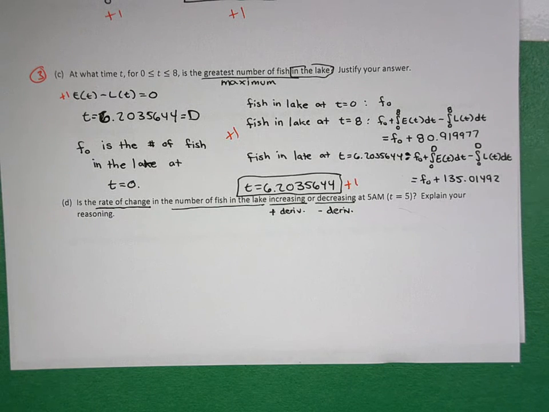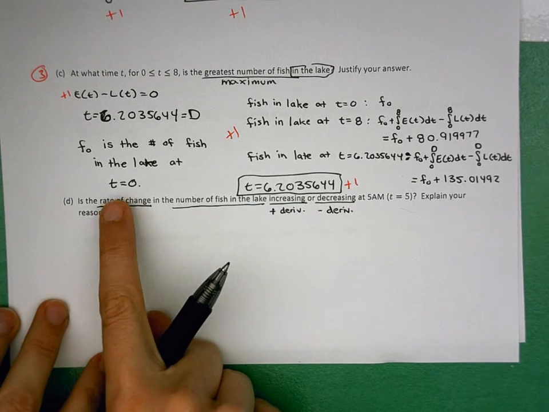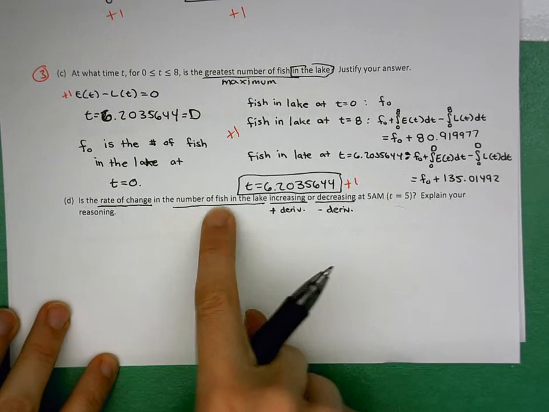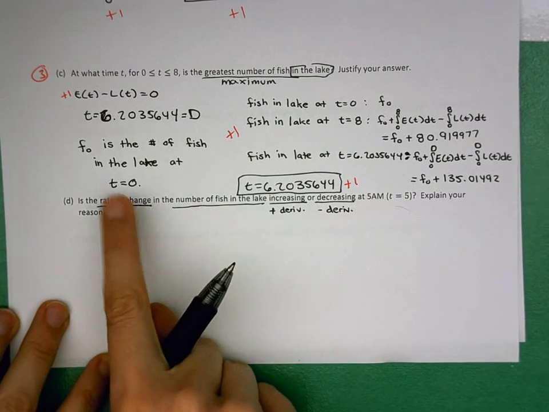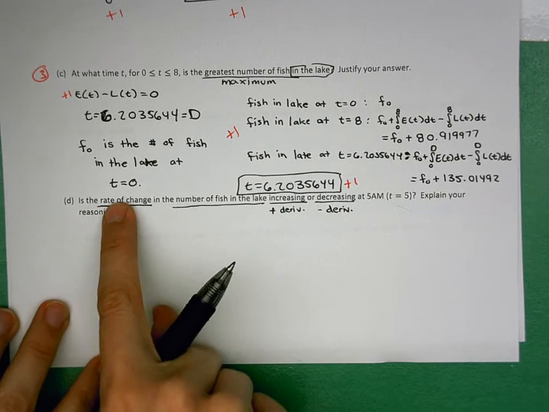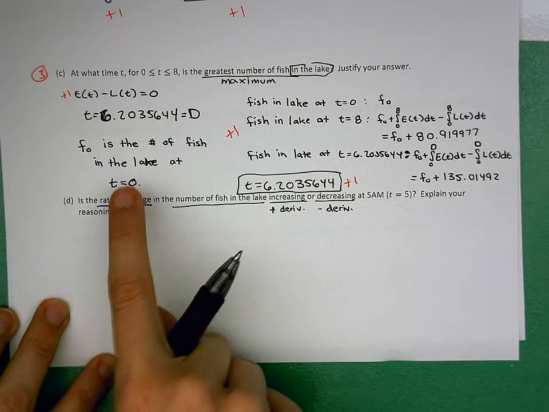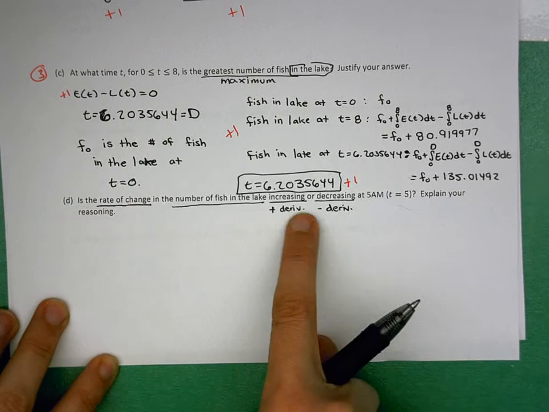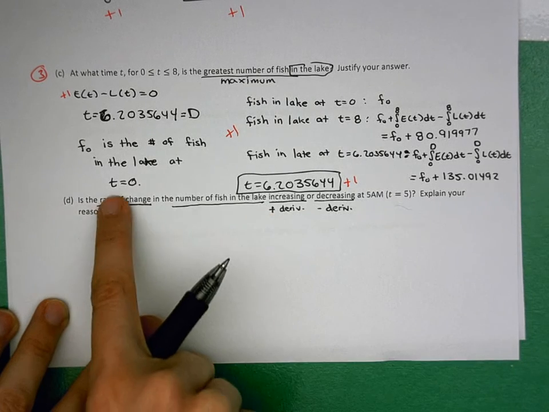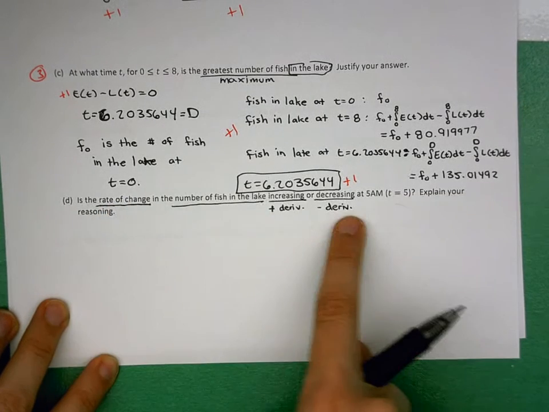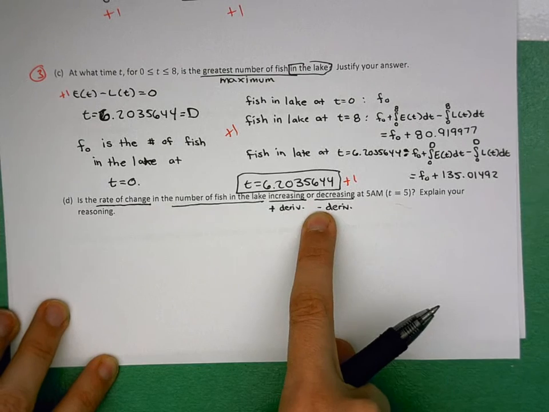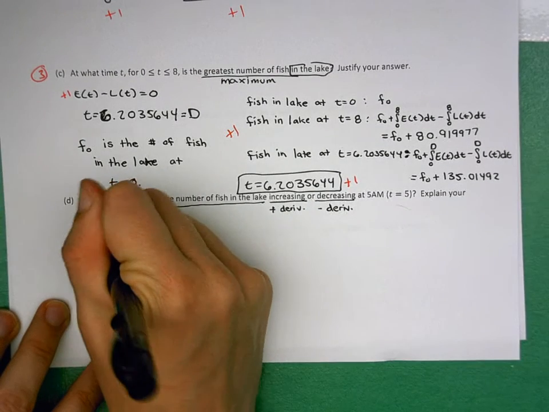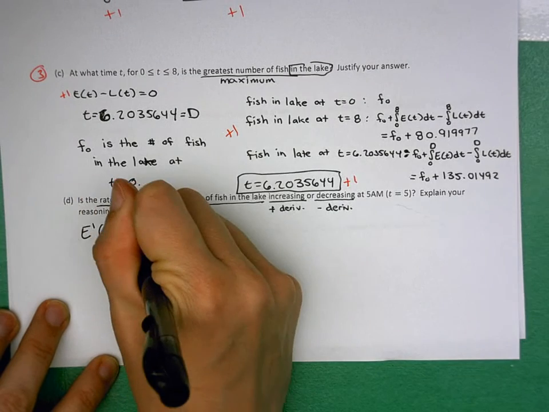They're wanting to know if the derivative of the fish in the lake is increasing or decreasing, meaning we need to take the derivative of the derivative, right? We need to know if the derivative's derivative is positive. Is the derivative's derivative negative? We don't want to use E of 5 minus L of 5. We want to use E prime of 5 minus L prime of 5.